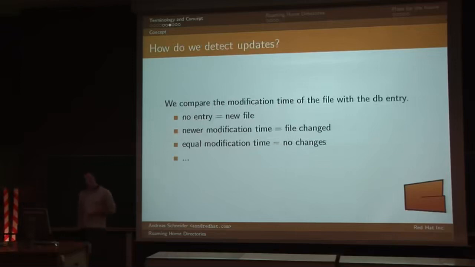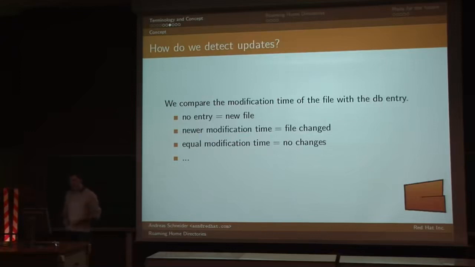So let's look at how updates are detected. Assume that you get the metadata from a file. We use the modification time to detect if a file has changed, and we have a database with an entry for each file we already synchronized. Then we simply compare the modification time of the file with the entry in the database.